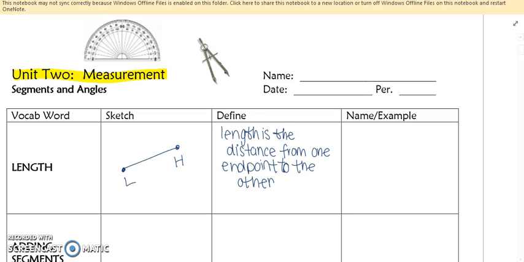So our example of this, let's say we want to find the length of LH. And to find the length of LH, we use LH with no marking on the top. That signifies that it's the length. We're given that value is 5, so we can say LH is 5 units.